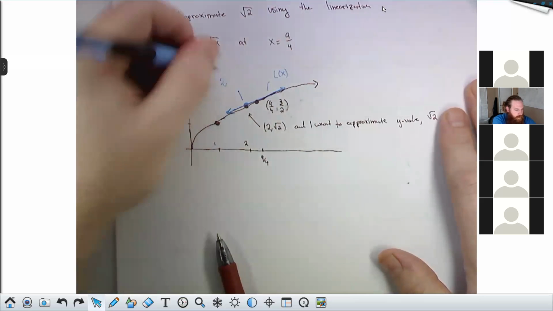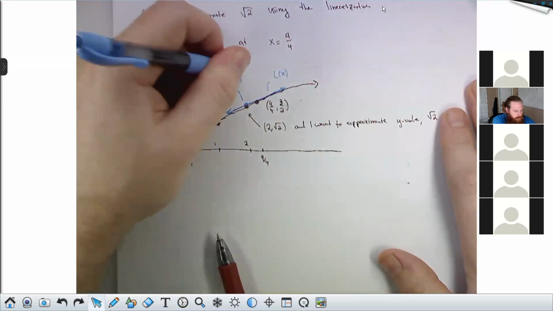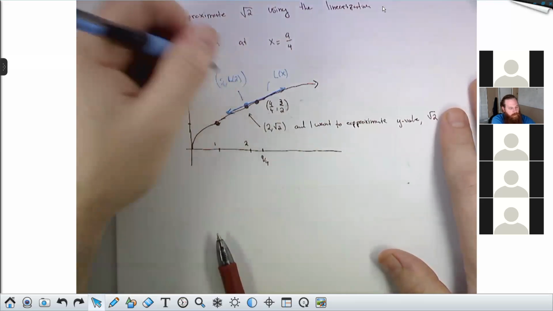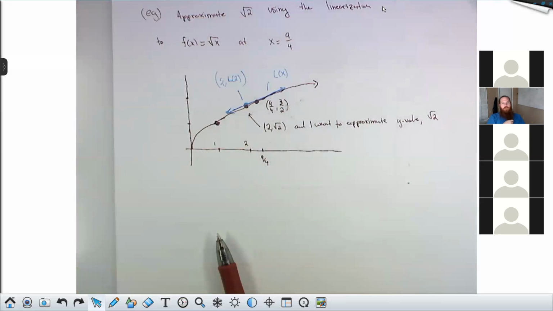So this is 2 comma L of 2, where L of x is the linearization.